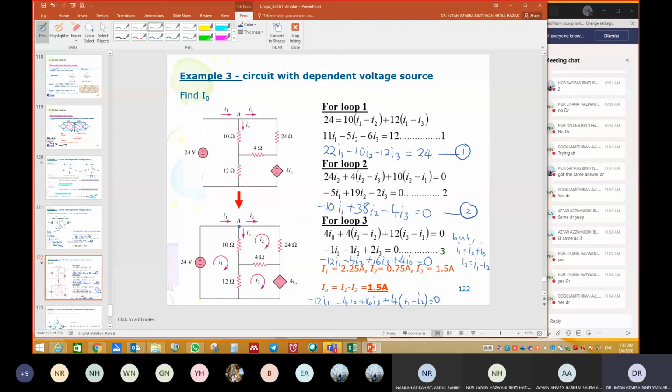Please rearrange this, okay? So that you will have I1, I2 and I3 and then equal to 0. And solve for I1, I2, I3 here. Okay, try it now. Did you get this answer? I1, I2 and I3. Try it now.